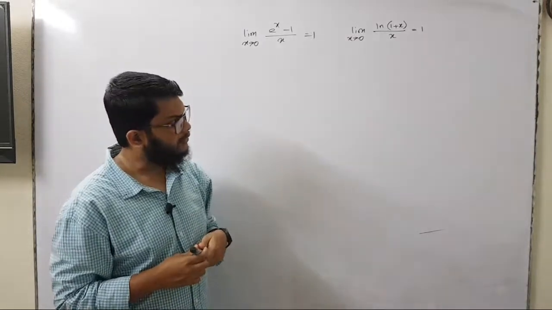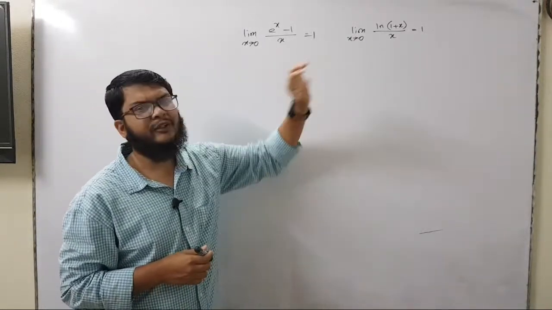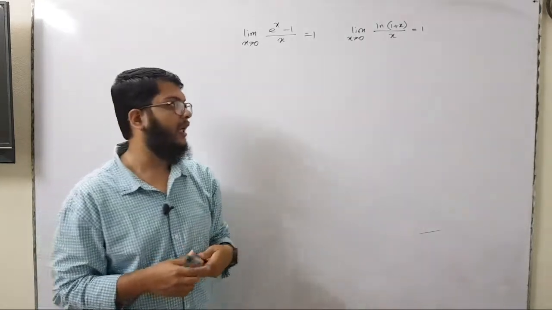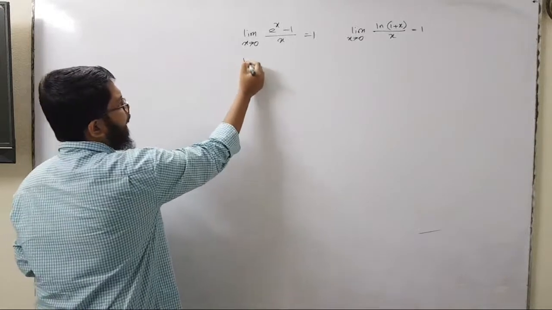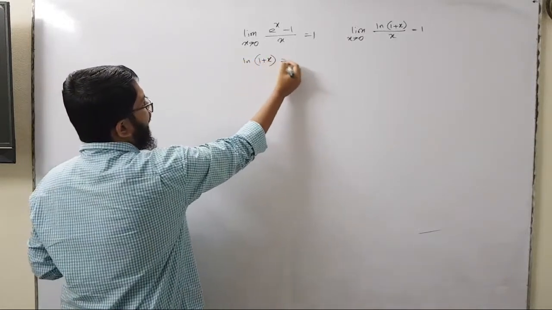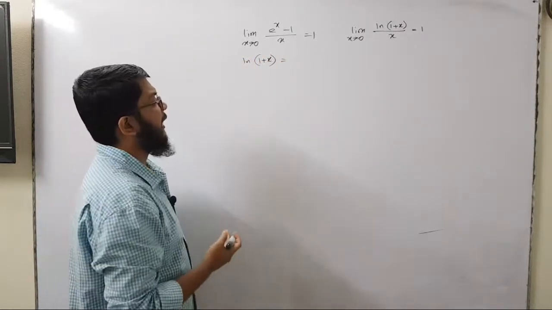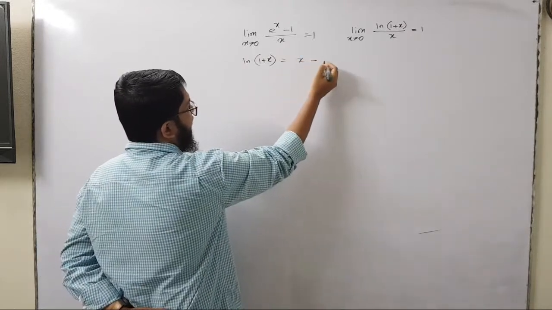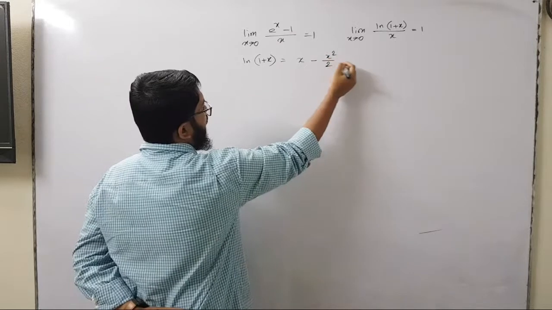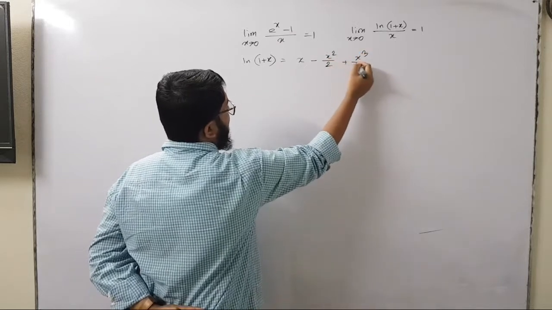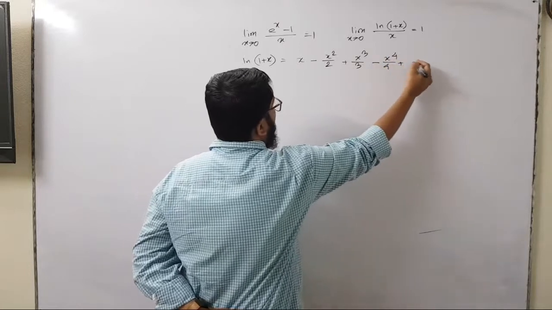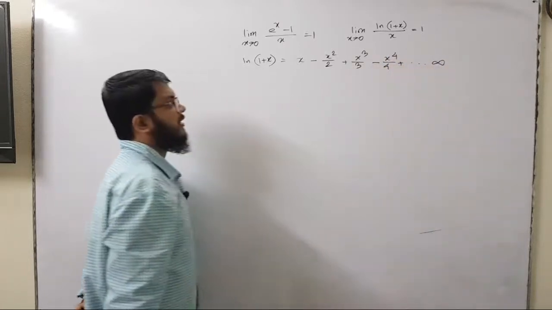Before starting the proof, we need to know some expansion. Like the previous class, we need to know another expansion which is ln 1 plus x. This is a bit different, and it goes like this: the first term is x, negative x squared by 2, positive x cubed by 3, negative x to the power 4 by 4, and in this way all the way to infinity.